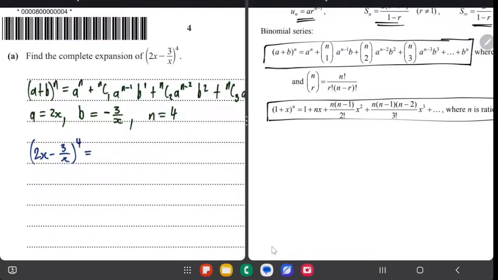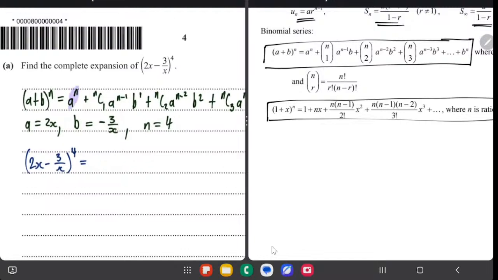To the power 4. This is going to be, what is our A? We are putting this. What is our A? 2x. And what is n? 4. So if it's a to the n, it is 2x to the 4. You see it? That's why you must first rewrite the formula from the book. Can you see that? Then you now say plus. What is our n? It's 4. So it'll be plus 4 choose 1.